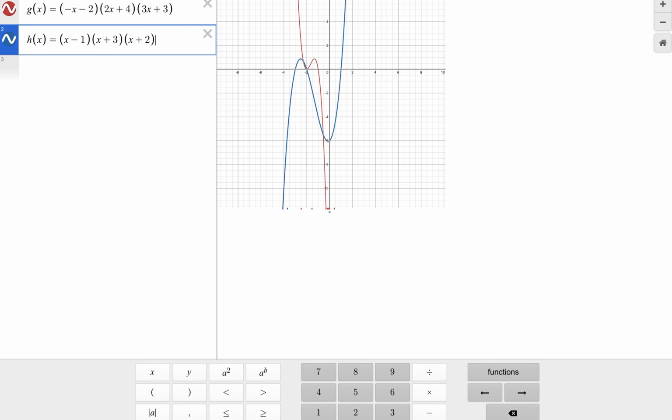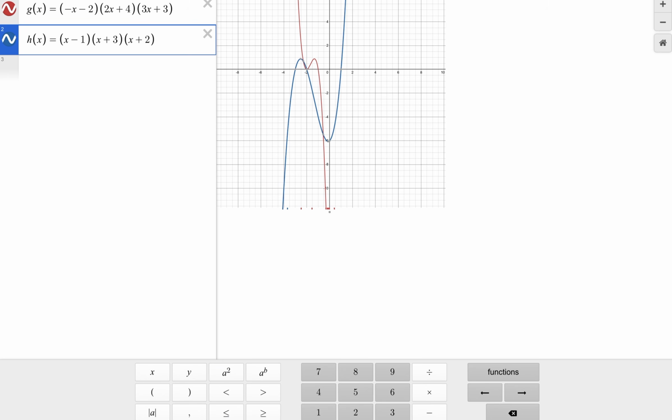The second one, x plus 3, that coefficient in front of the x is also positive, and then x plus 2, that coefficient in front of the x is positive. And so when you have a positive times a positive times a positive, you have a positive result. Okay, so when the function is positive, we have a graph that looks like the blue one, right? As x moves to -infinity, the function drops to -infinity. So negative and negative, -infinity, -infinity.